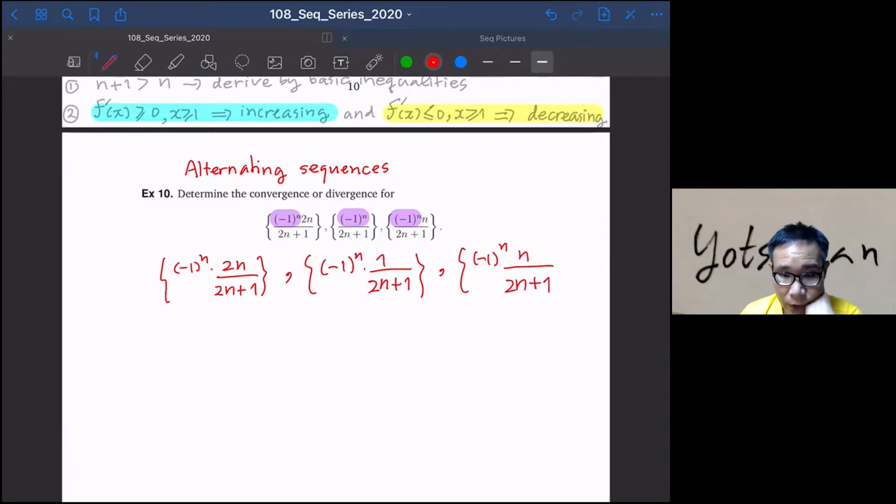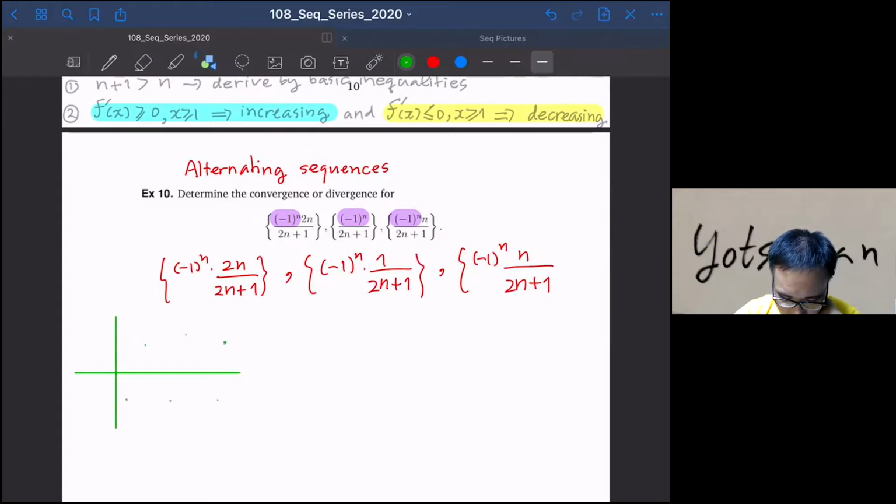So you see that for an alternating sequence like this, when you plot the graph for this sequence, it will alternate up and down, up and down. You have something down here, something up here, something down here, something up here.